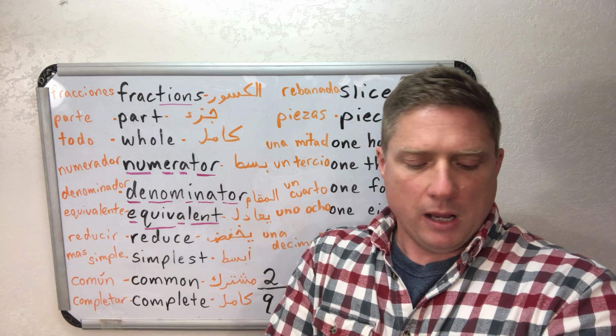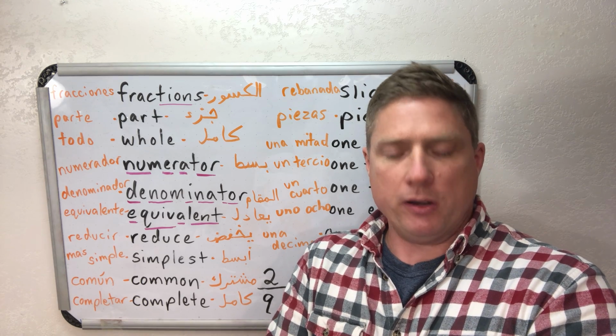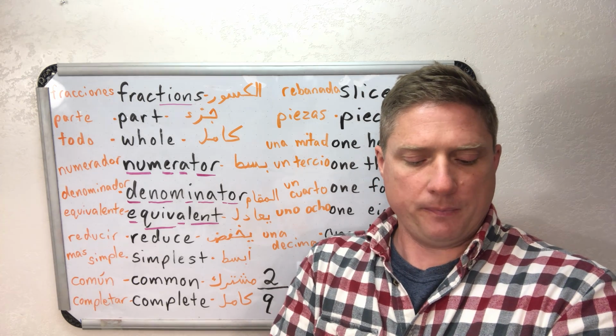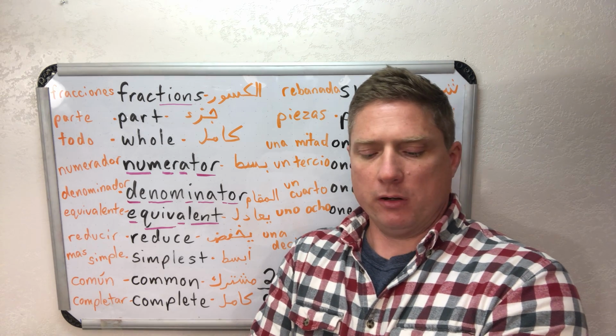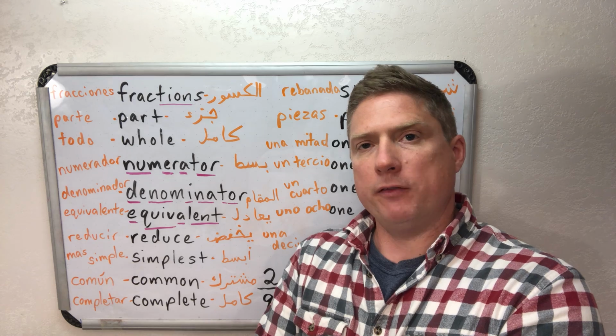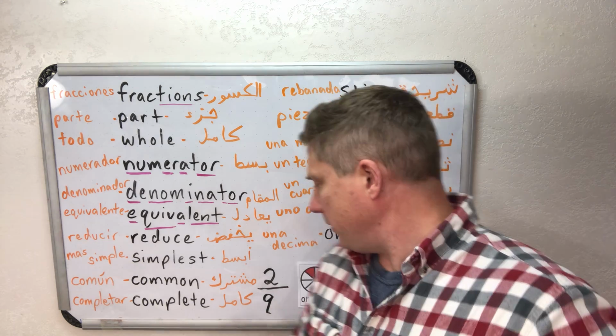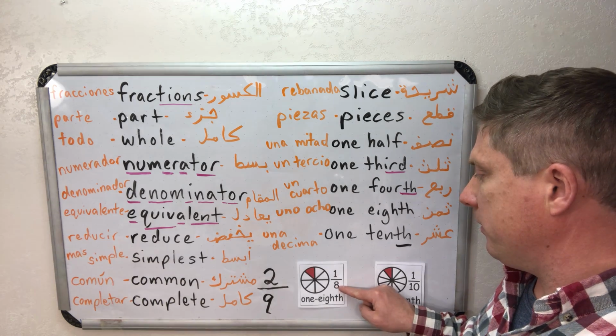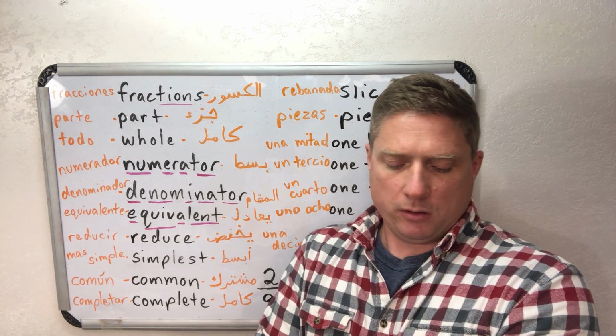Okay, number 1. A fraction is a part of a whole amount. Number 2. The denominator is the number of parts. So the denominator is the number of parts. 3.